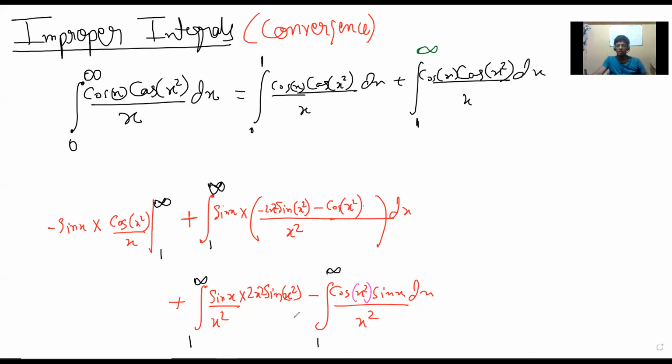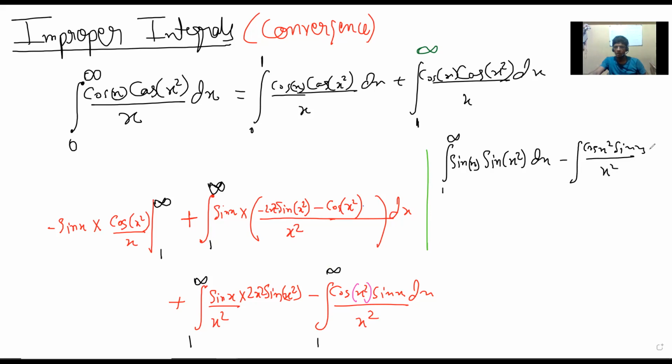So then, so once again, I think, yeah. So say, what can we say from here? Let me write it. What we have so far is the integral from 1 to infinity of sine x sine x square minus cos x square sine x by x square.